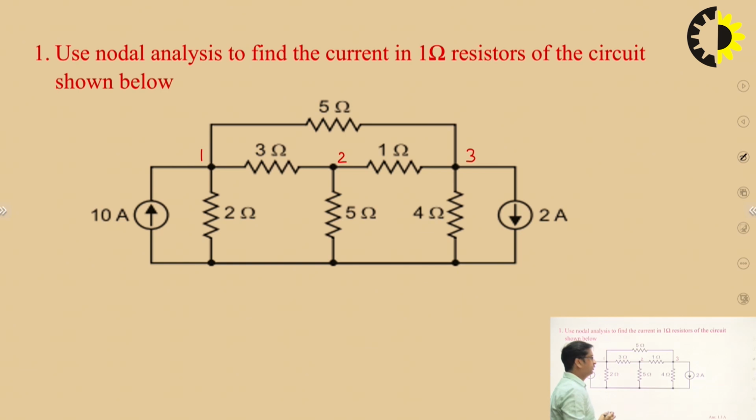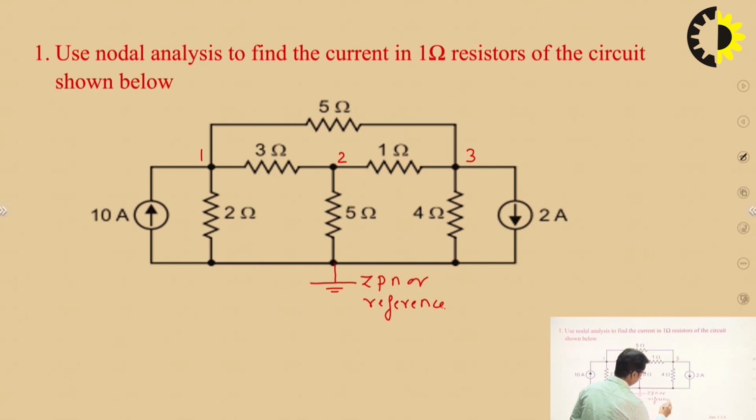So these are the 3 nodes where the current is dividing. And one node we call a reference node, or a zero potential node. The potential of this node is grounded, that means the potential of this node is 0.